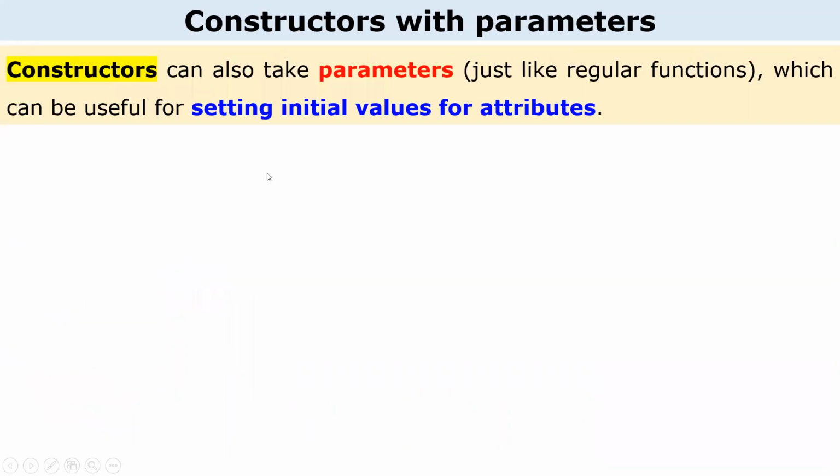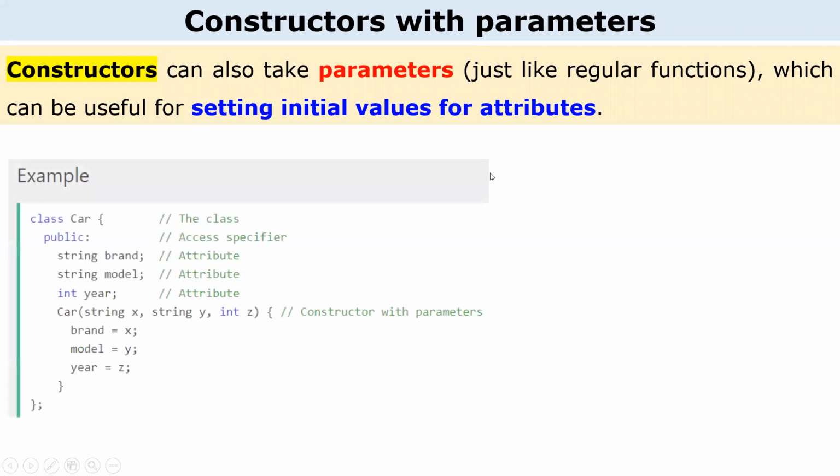Until then, remember, you can design constructors with parameters. Right, here it is given: constructors can also take parameters just like regular functions, which can be useful for setting initial values for attributes. Right, look at the example here.